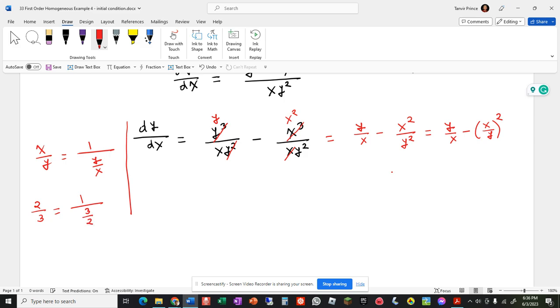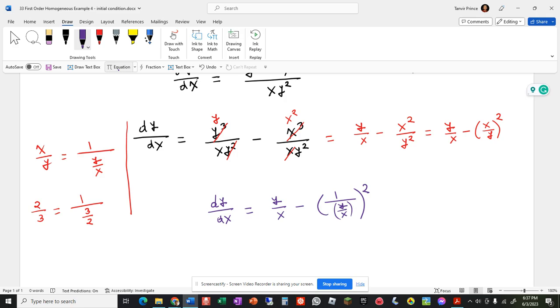So it's that because we want to express everything in terms of y over x. So let's actually write it down finally. dy/dx equal to y over x minus 1 over (y over x) squared. So everything in terms of y over x.